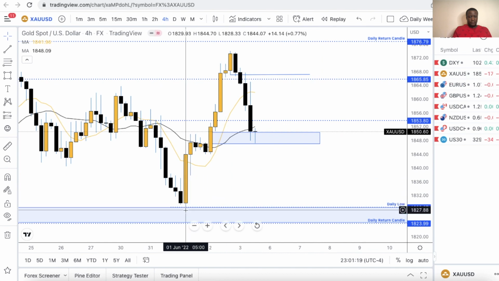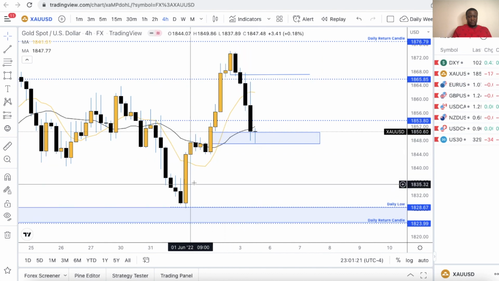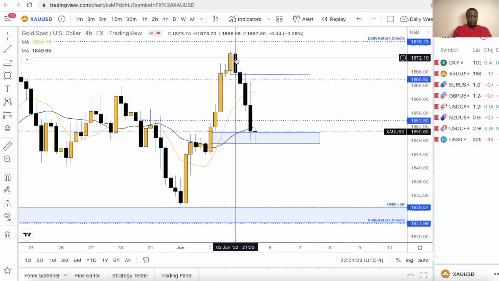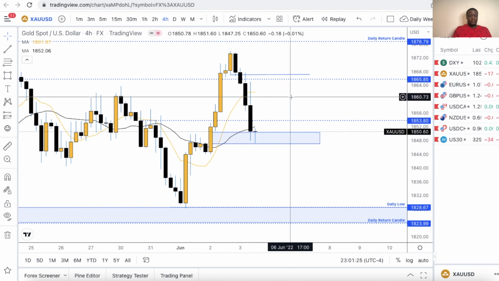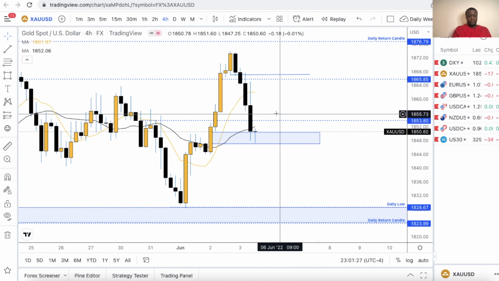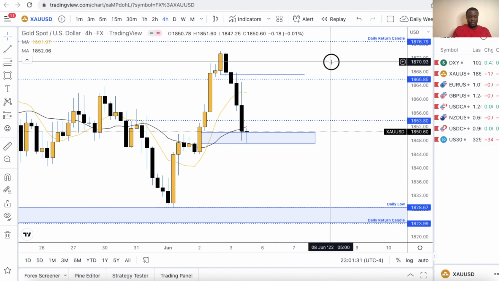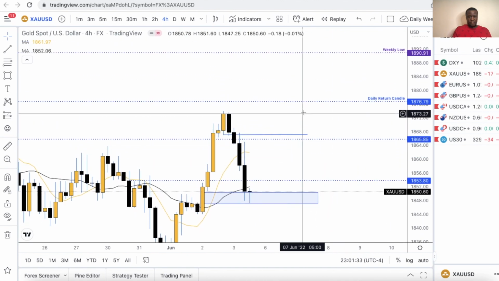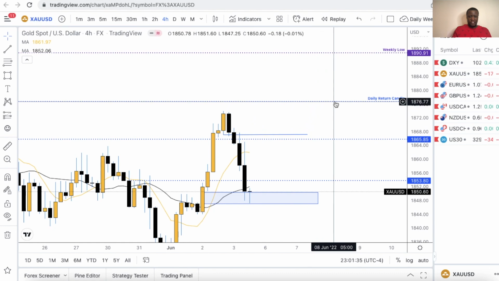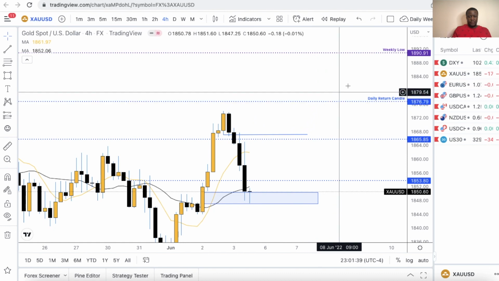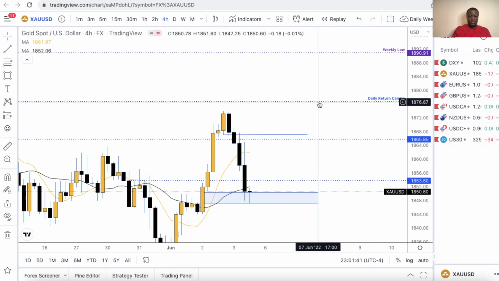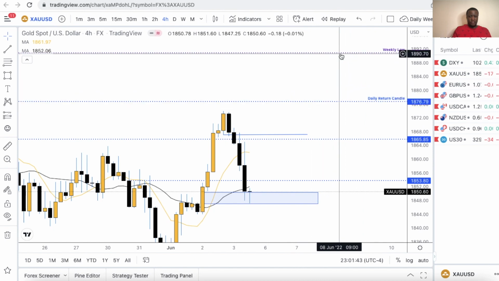All right, so we have this up movement, comes back down. I think the market is going higher, potentially to close to this return candle where I'll take my second profit, and then if I hold it, I hold it to this weekly low.